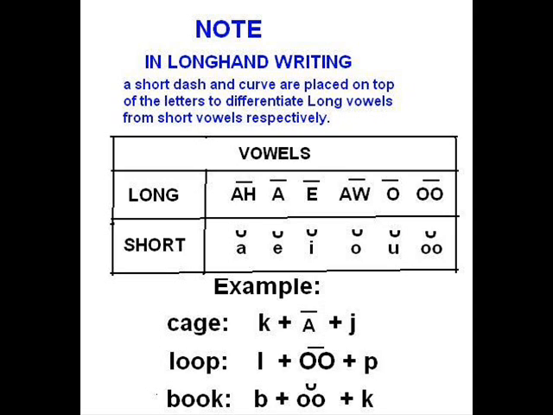Just to represent that short vowel sound A. That sound is written in longhand A. Similarly, long vowel sound A is written with the capital letter A. So, a small dash is placed on the top of that letter.